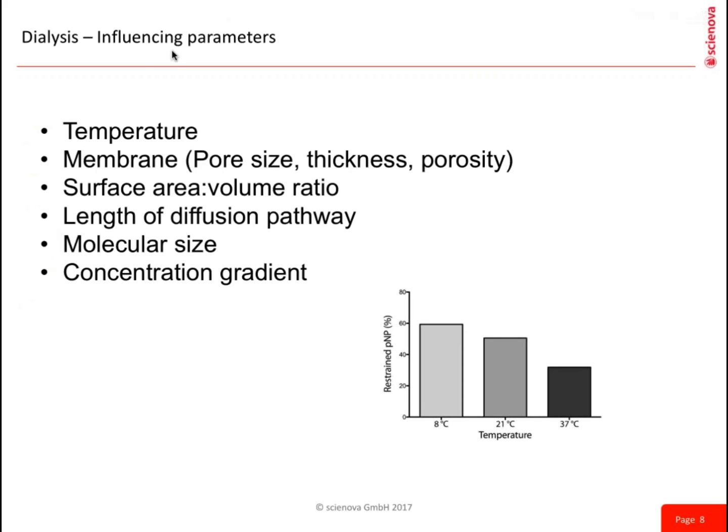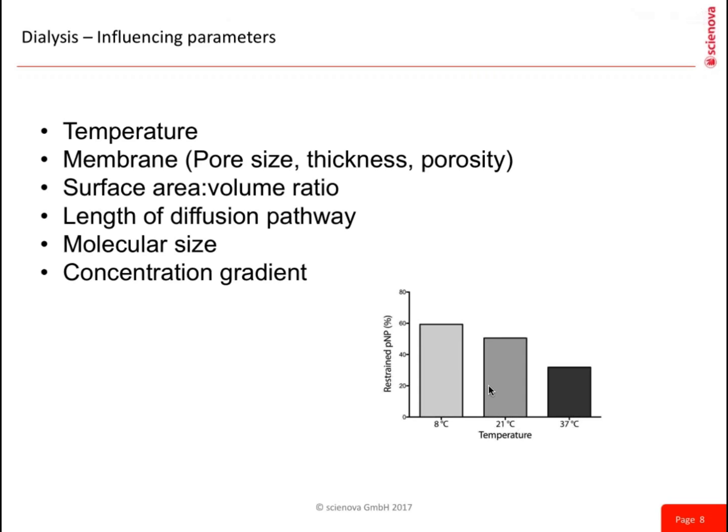There are some parameters which influence the speed of the dialysis. For example, the temperature. You can see in this image below that the remaining amount of a dye in the sample will decrease with increasing temperature of the system.